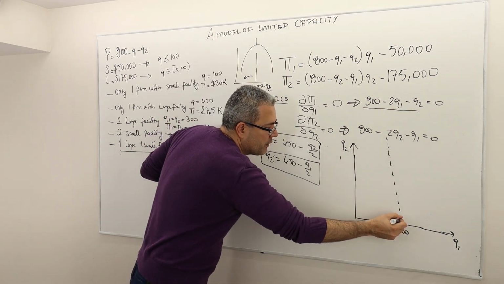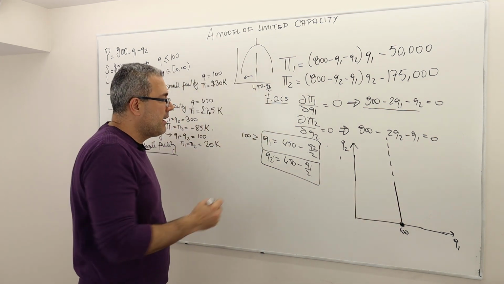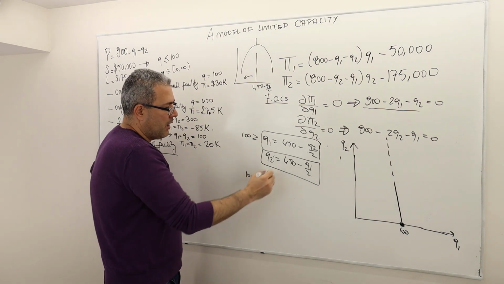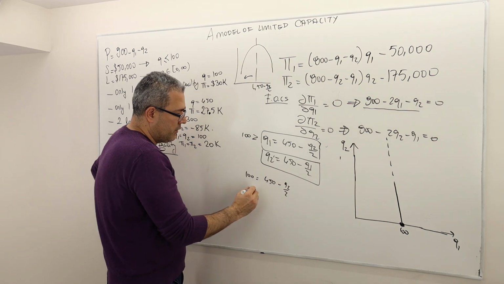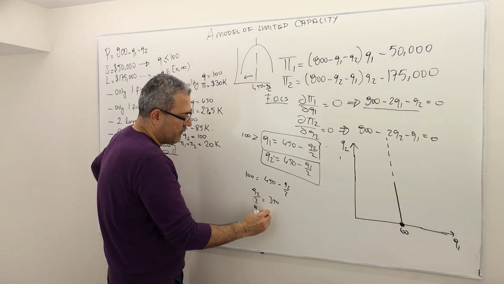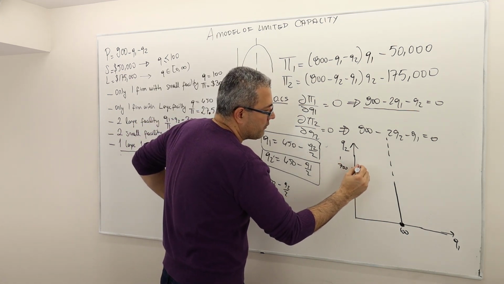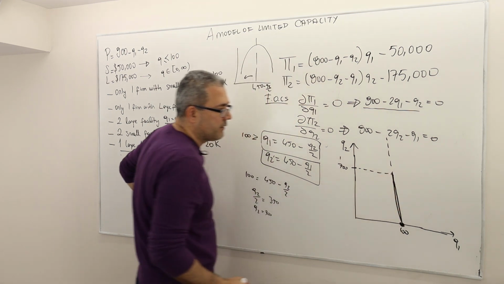The best response will continue to be 100 up until what point? Well, when Q1 is equal to 100, 100 equals 450 minus Q2 over 2. So Q2 over 2 equals 350, so Q2 equals 700. Until Q2 is equal to 700, the best response will continue to be 100.